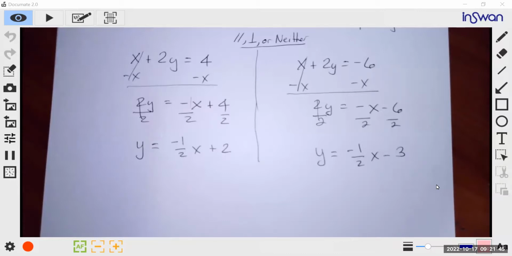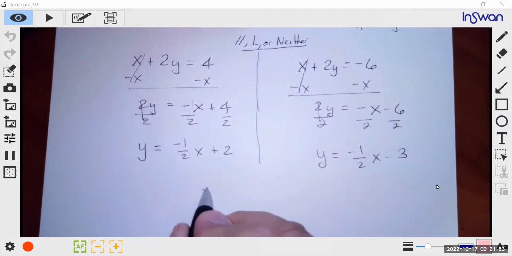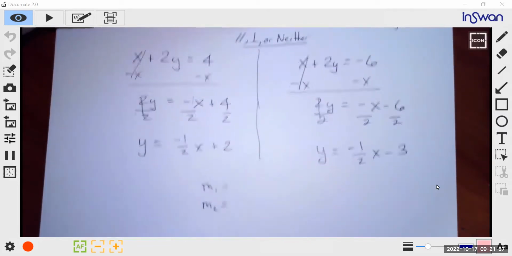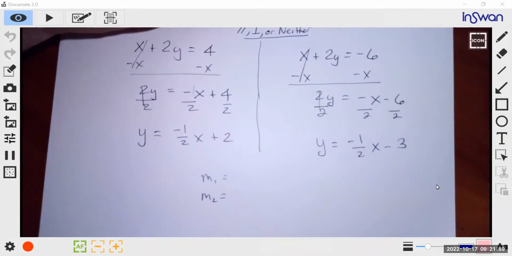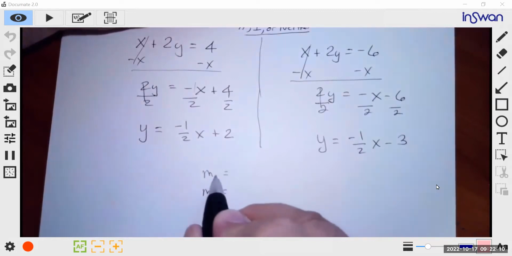So what do we know? To determine them, we have to first look at the slopes. So what's the slope of line 1?